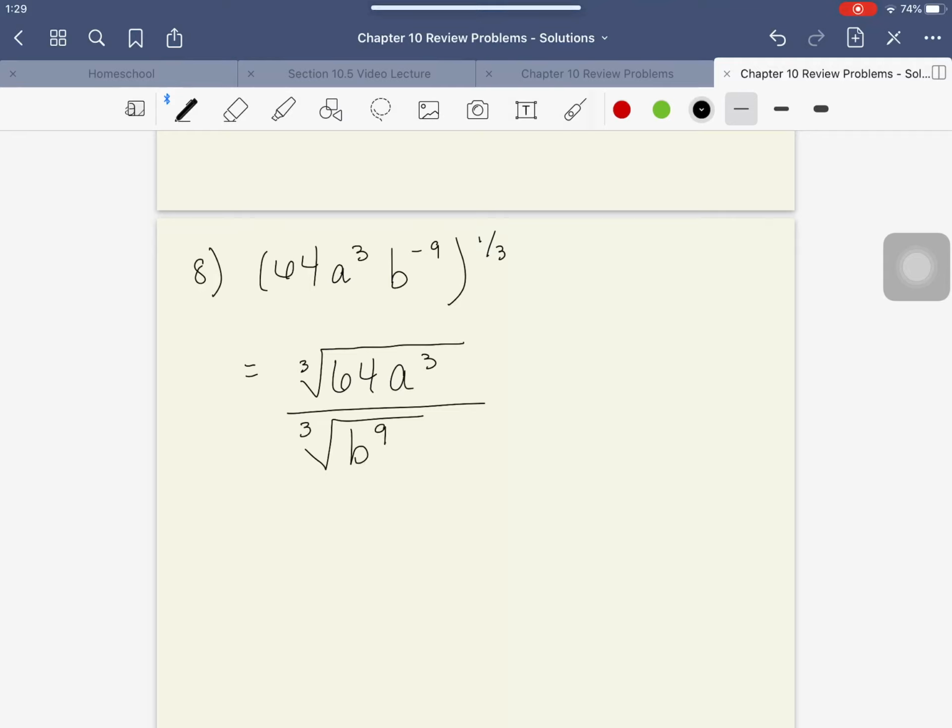I dropped that b to the 9th to the denominator because I have a negative exponent. Now we will simplify this. The cube root of 64 is 4, the cube root of a cubed is a, and the cube root of b to the 9th is b cubed.